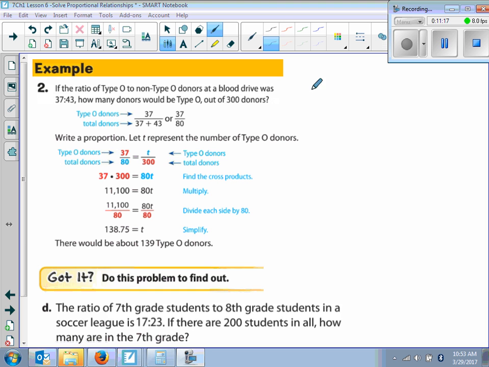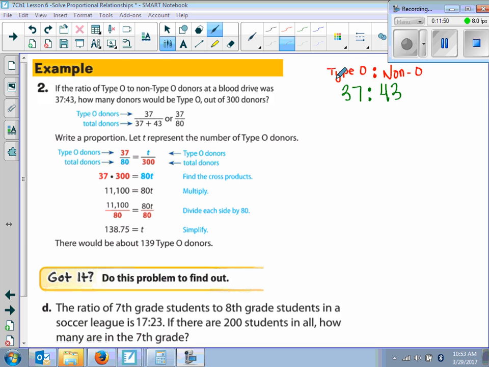Okay, so if I look at this original ratio here, this says 37 to 43, where the 37 represents the type O blood, right? The 43 represents the non-type O blood. I'm just going to write non-O.